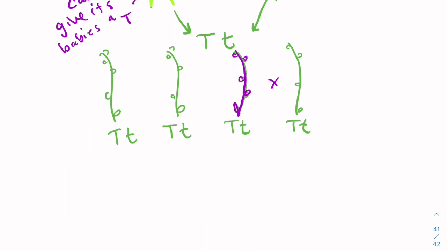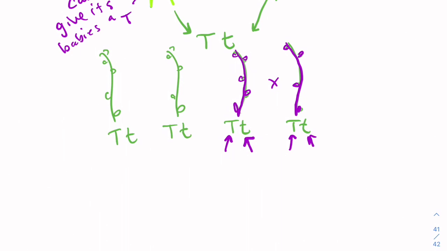Gee, we have a purple pea plant now. It can either donate this dominant allele to its babies, or it could donate this recessive allele to its babies. And this one over here that I'll color in purple now, just so you can see what I'm pointing to, can either donate a dominant allele to its babies or this recessive allele to its babies. Like that. So it's not as clear cut.